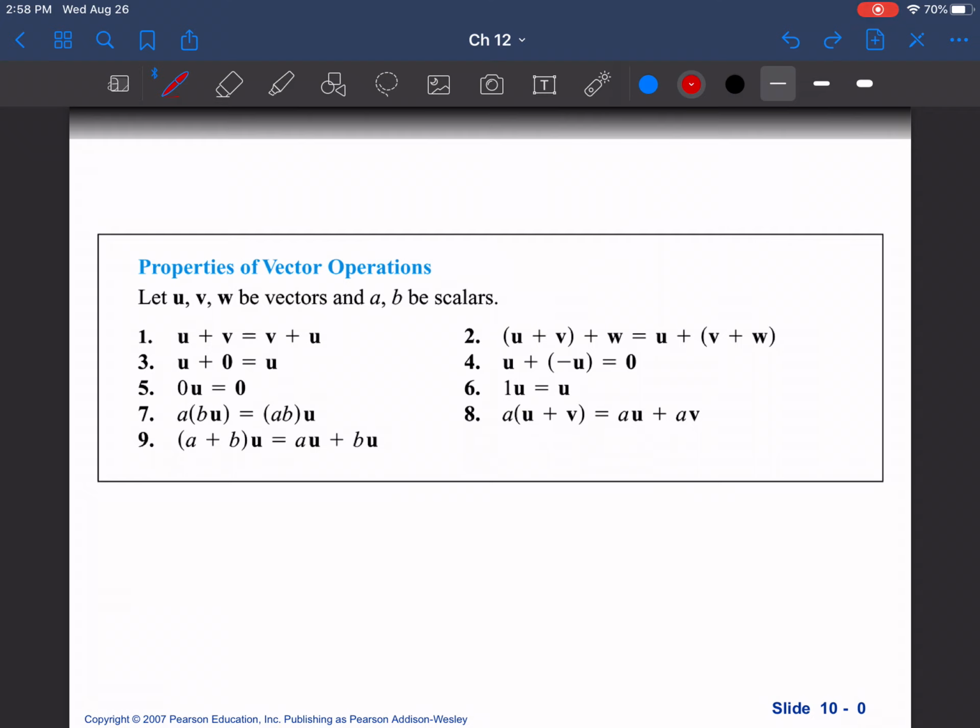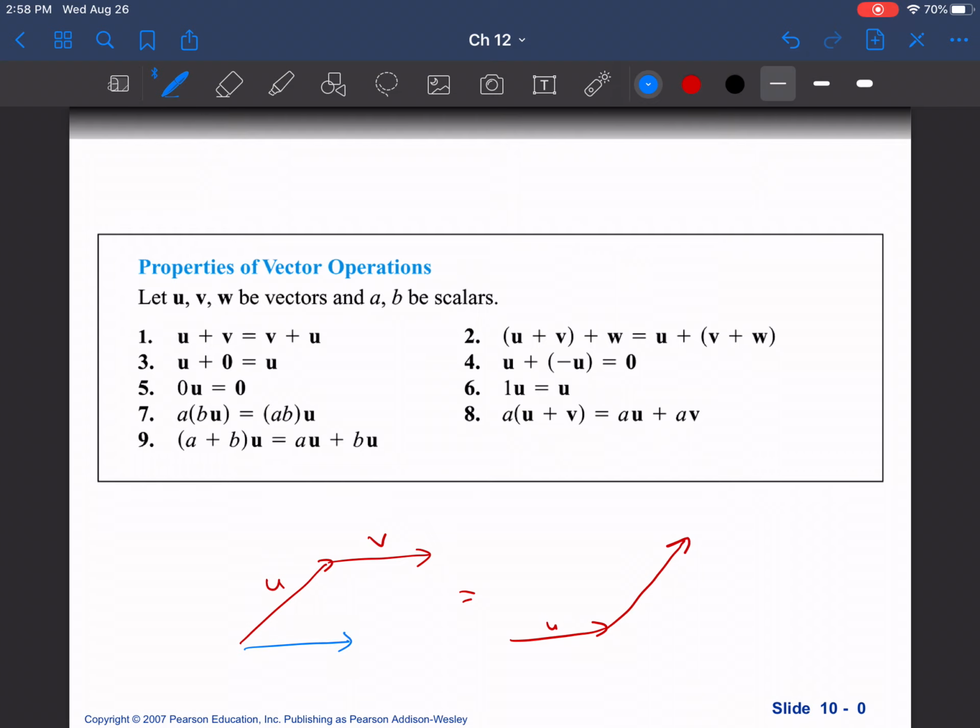u, v, and w are vectors, and a, b are scalars. And so here are some things you can do. First off, vector u plus vector v is the same thing as vector v plus vector u, right? In fact, I could probably draw it this way.